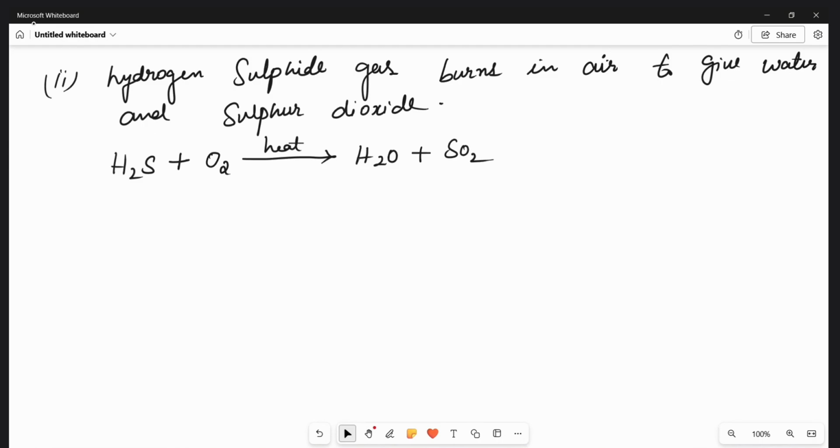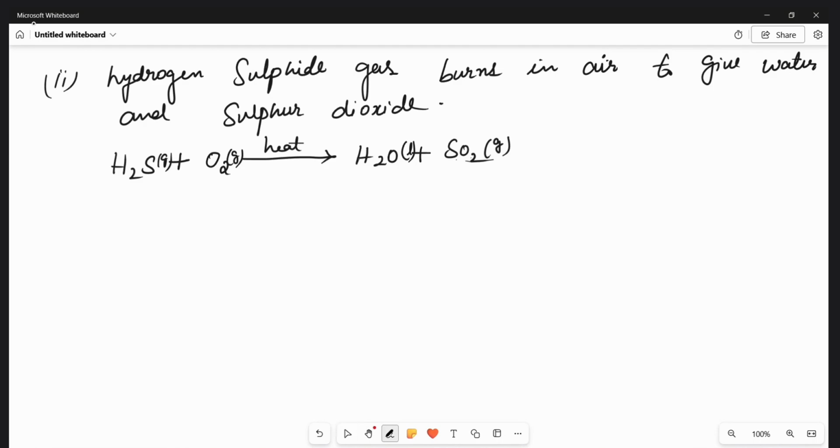Here they have given sulfur dioxide, so SO2, and SO2 is a gas. This is a liquid. H2S is also a gas, and oxygen is also a gas. Clear? So whenever they give burning with air, that means it is combining with the oxygen.